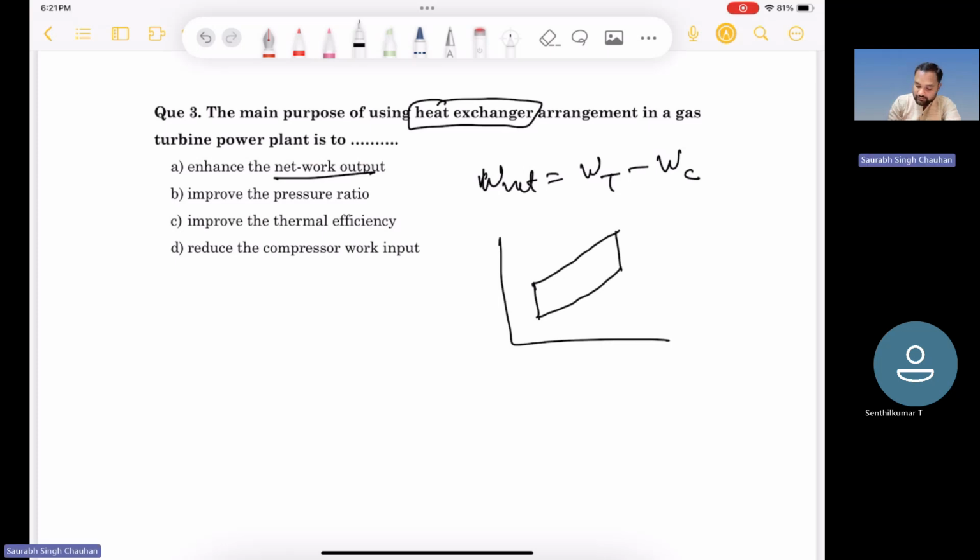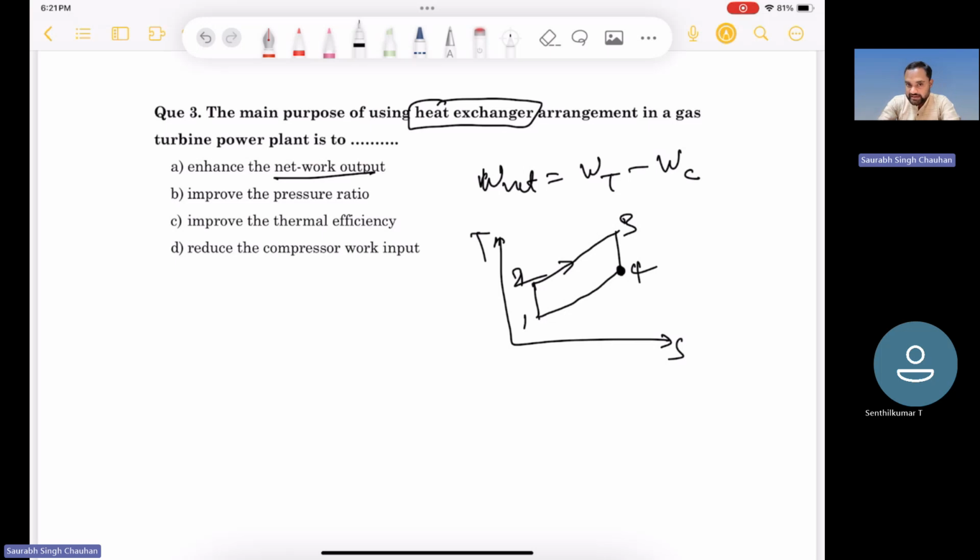This is not a parallelogram, okay? This is the TS diagram of the Brayton cycle. So whatever gases are there at point 4, they have some enthalpy, quite a high amount of enthalpy. And 2 to 3 is the heat addition process, right?